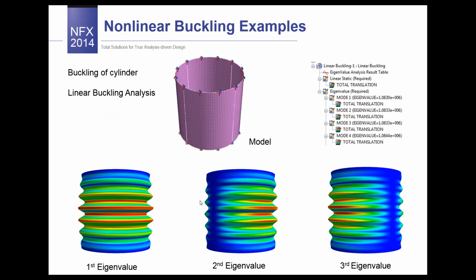So for the next model, I would like to introduce to you a technique which is very helpful for adding imperfection, and we will build a model of a cylinder. On the slides you see the results for the linear buckling analysis. We can observe the first eigenvalue, second eigenvalue, and third eigenvalue.